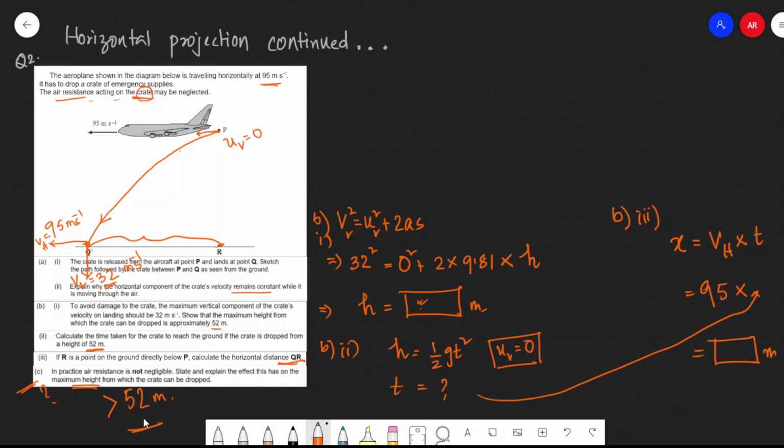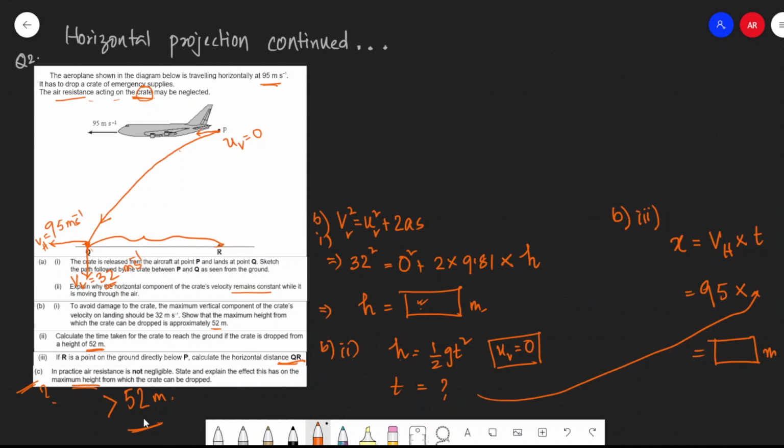Why? Because if it is dropped from a height greater than 52 meters, because of the air resistance, the object is not going to gain as much velocity as it gained earlier when there was no air resistance. So its vertical velocity will not be able to reach 32 meters per second if it was dropped from 52 meters above the ground.